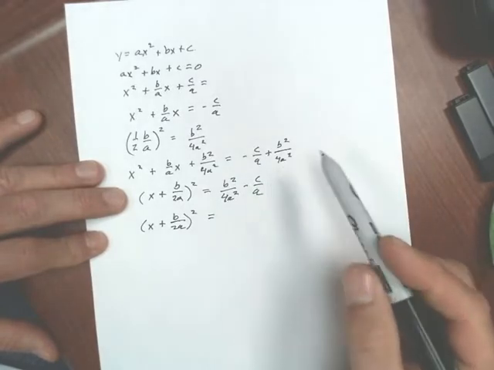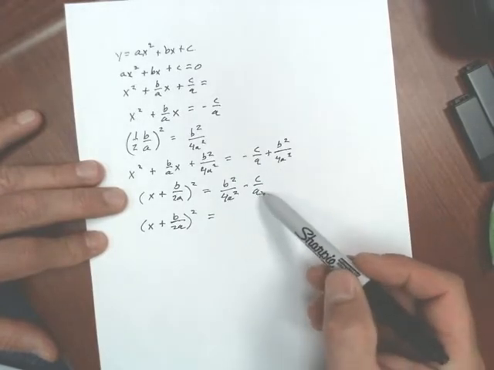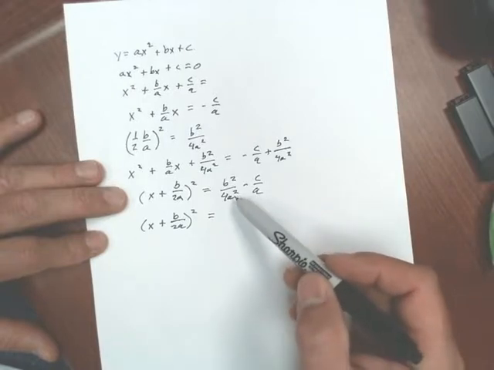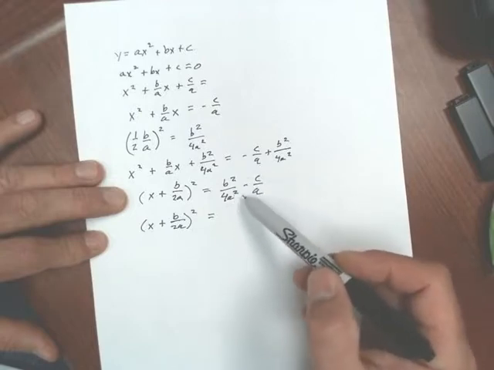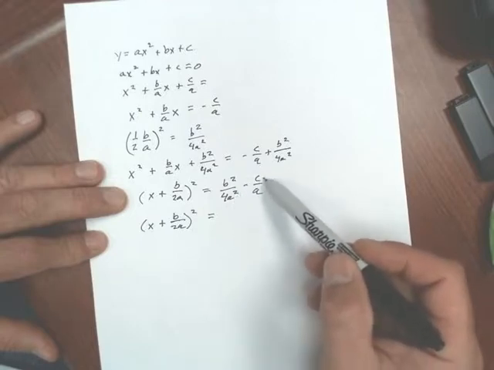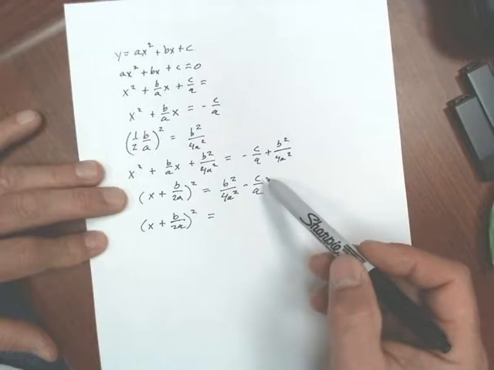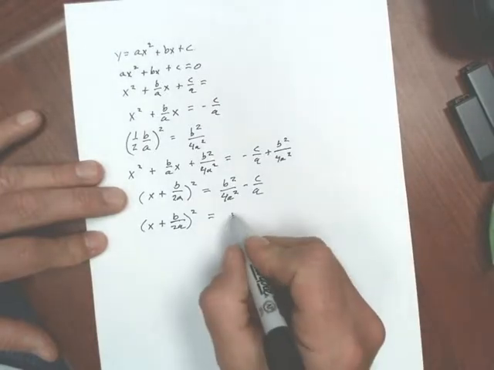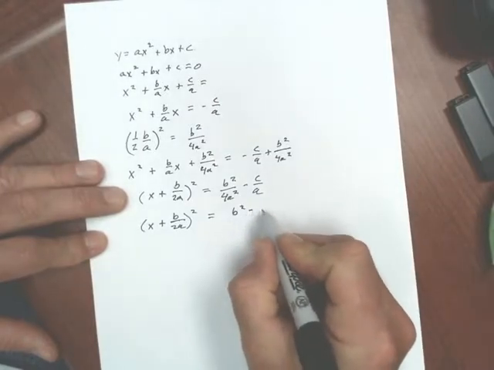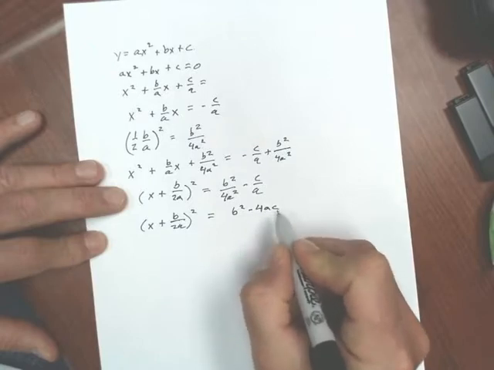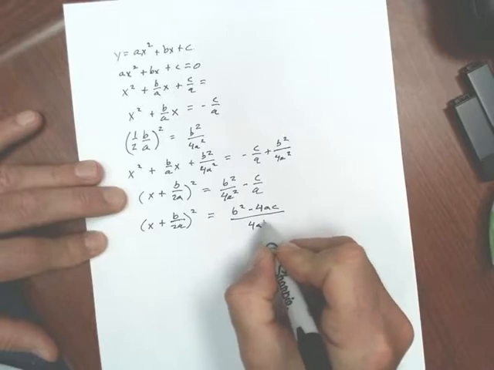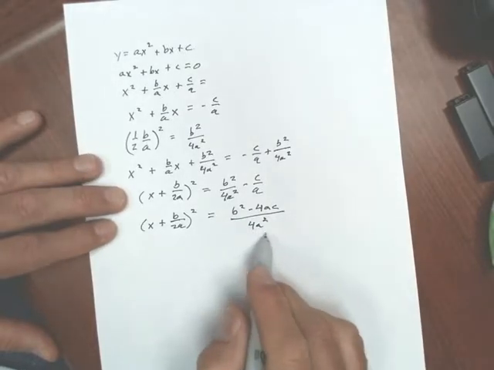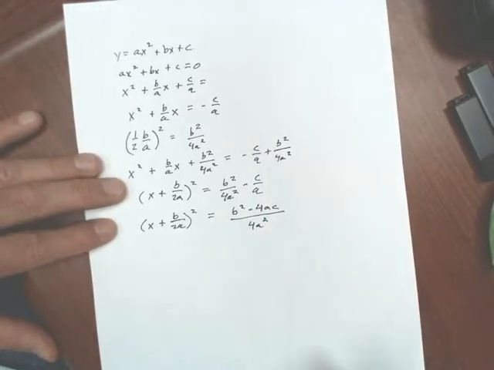Now what I have is I have an a here already, but I don't have a 4, and I don't have my second a. So I'm going to multiply this in cross multiplication. I'm going to multiply this numerator, this c, by 4a. So that gives me b squared minus 4ac divided by 4a squared. 4a squared would be my common denominator.